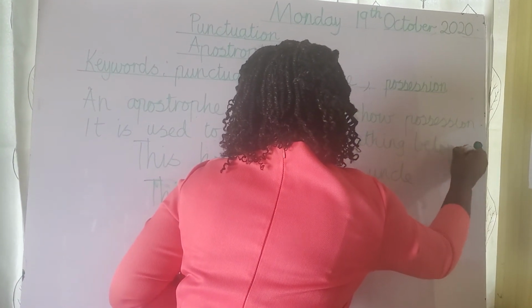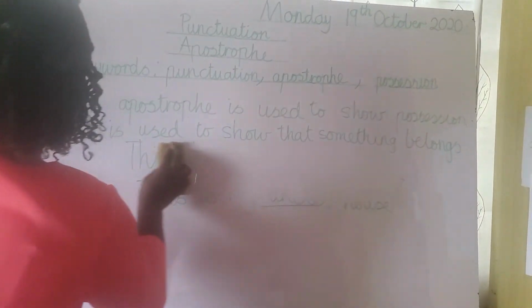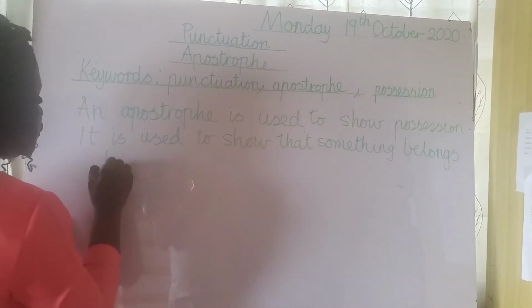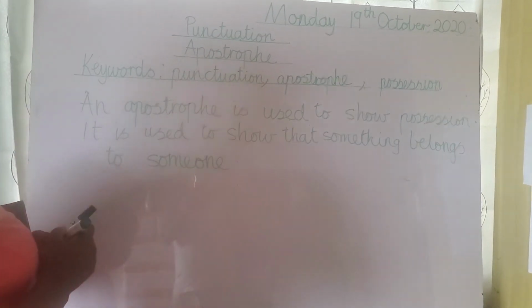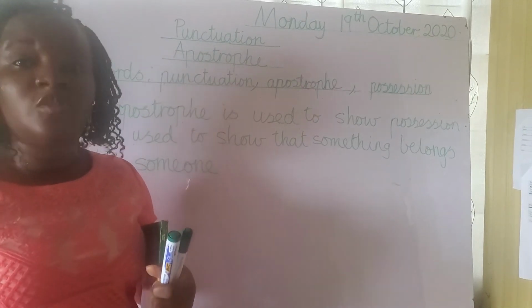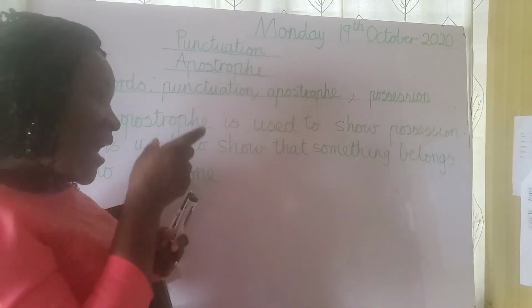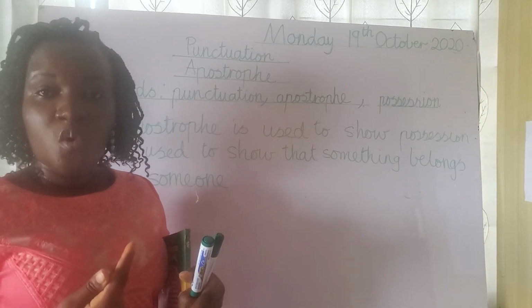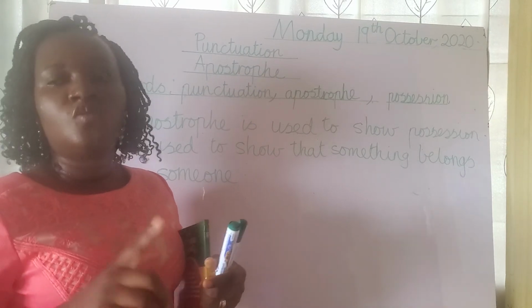I've said it already, but I just want to write it for those who like to write in their notebook. Something belongs to someone. We have looked at examples and formed sentences using the apostrophe. Remember that after the noun, the apostrophe comes and then the S follows.